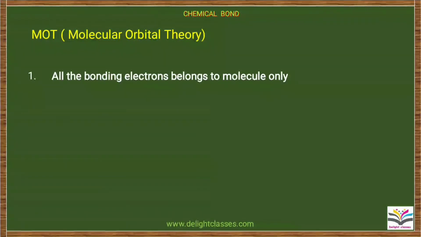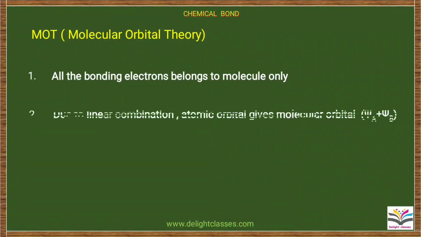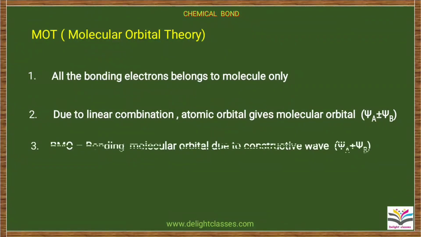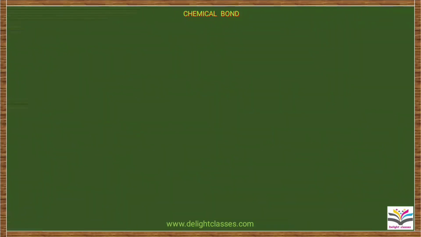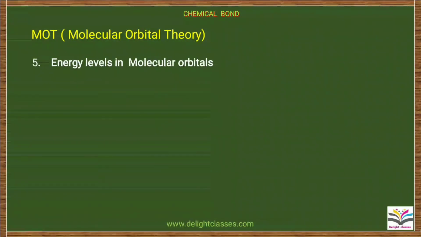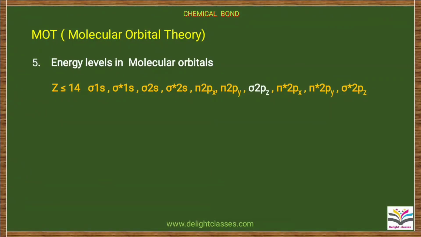Molecular orbital theory. All the bonding electrons belong to the molecule only. Due to linear combination, atomic orbitals give molecular orbitals psi A plus or minus psi B. Bonding molecular orbital due to constructive wave psi A plus psi B. Anti-bonding molecular orbital due to destructive wave psi A minus psi B. Energy levels in molecular orbitals.